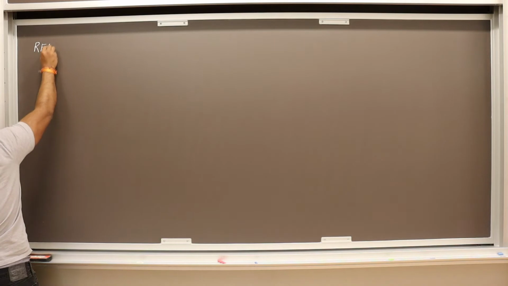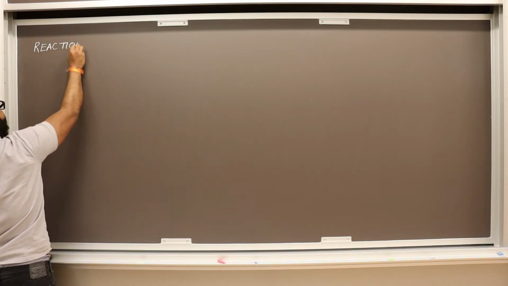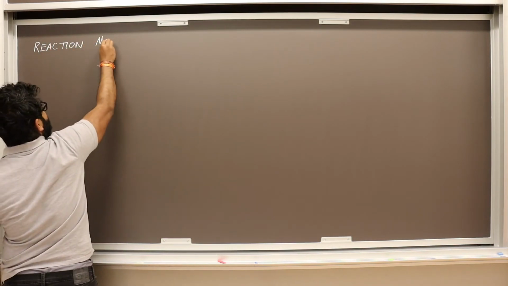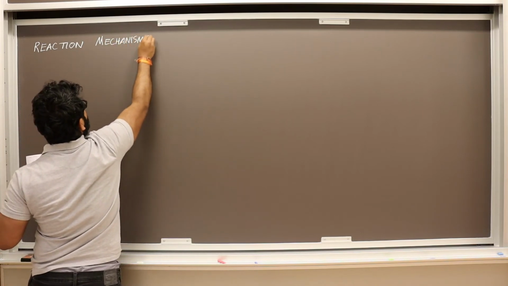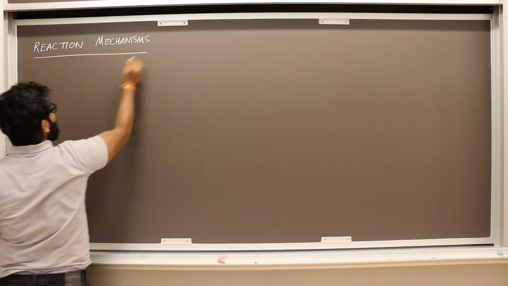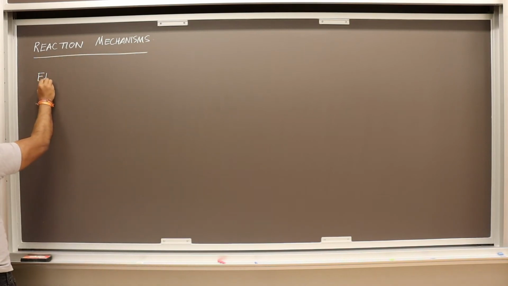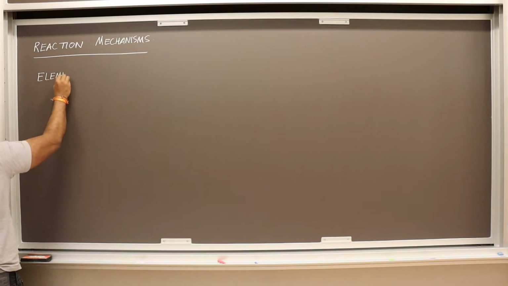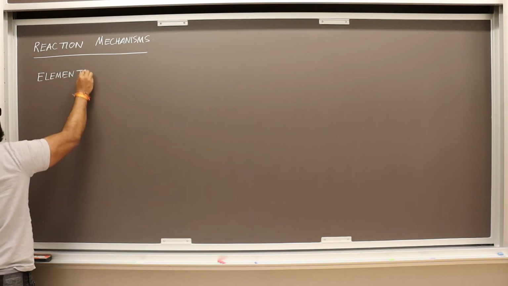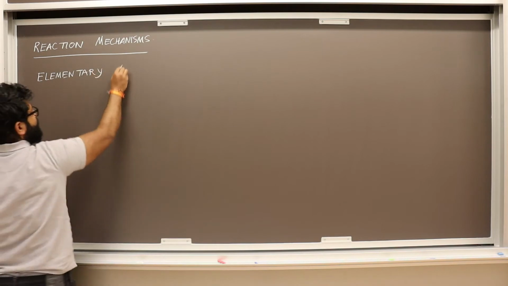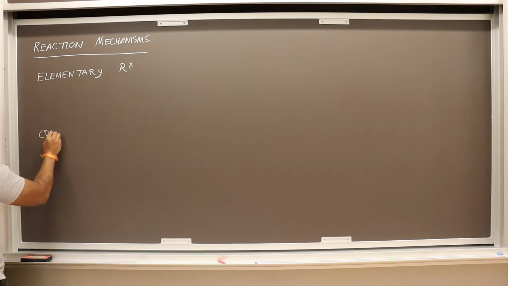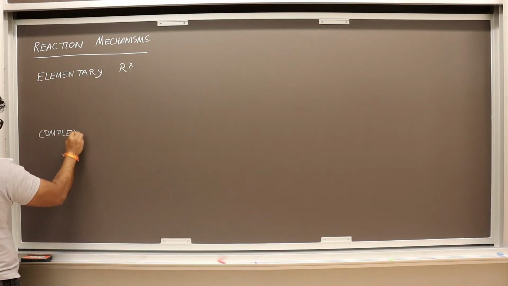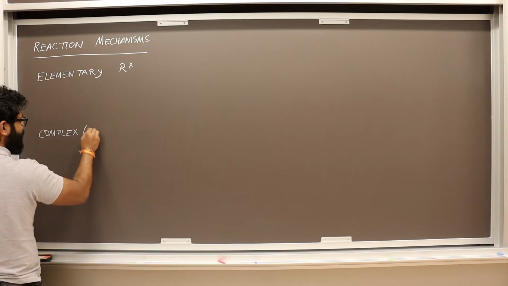If we want to relate chemical kinetics with reaction mechanisms, we have to understand the difference between an elementary reaction and a complex reaction, or this is also called an overall reaction, right?